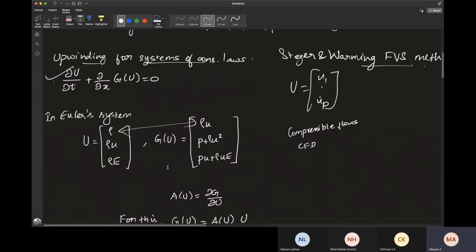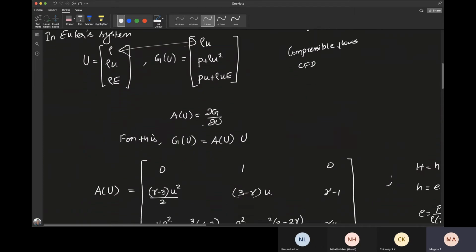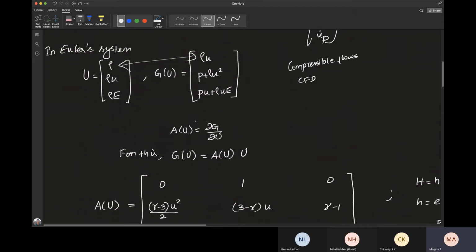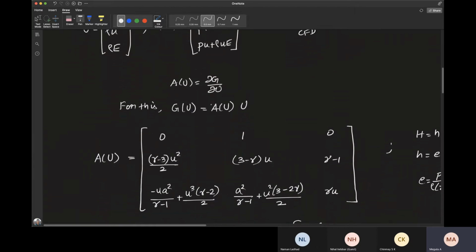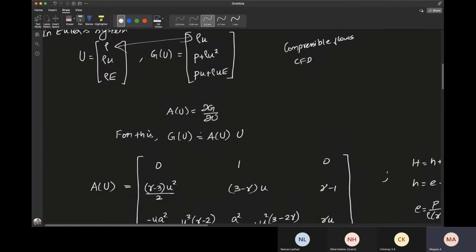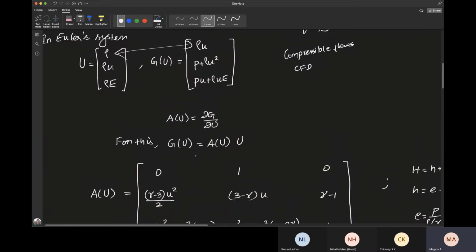Now let us do the same procedure where we take the flux Jacobian, which is the derivative of the flux vector. So A of u is ∂g/∂u. For Euler's system, this property holds. I've told you, we require this property, g = k A(u) u, to do upwinding.